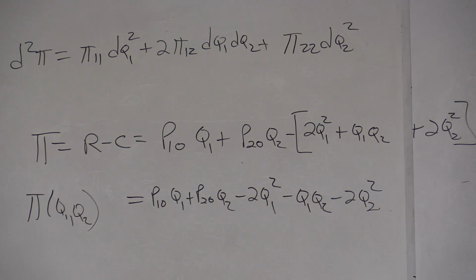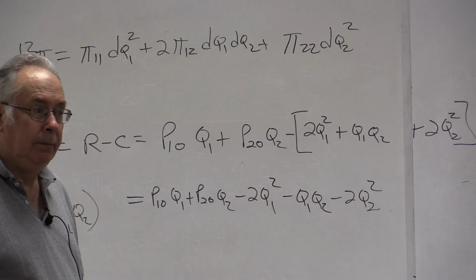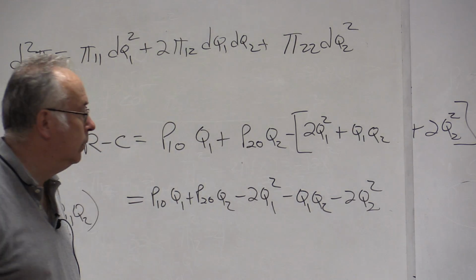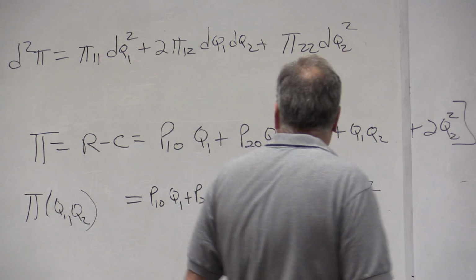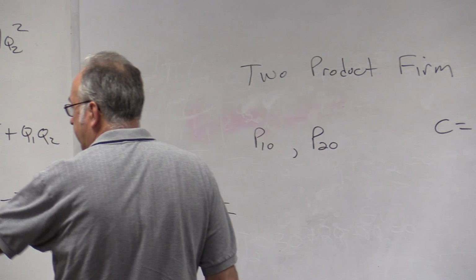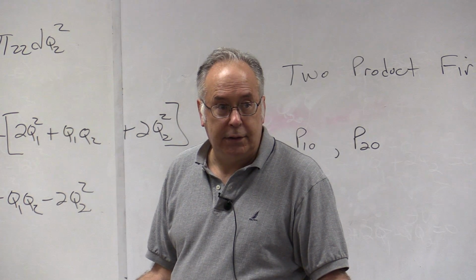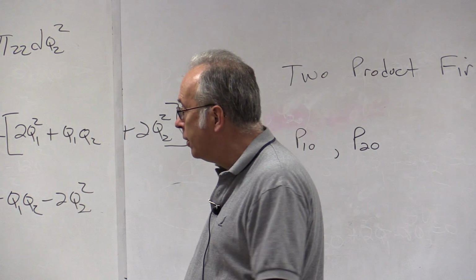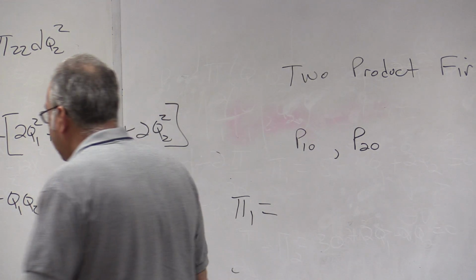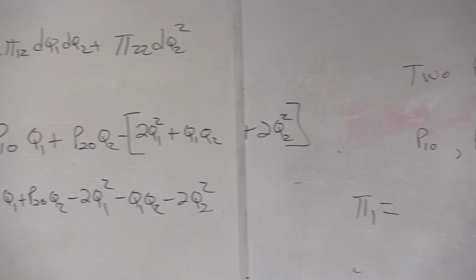What would help us in making progress? Yep. Let's get pi 1, 1, pi 1, 2, pi 2, 2. Okay. Actually, let's get pi 1 first, because that will be part of the optimization problem, to take those first order partial derivatives and set them equal to 0. So what is pi sub 1 going to be?